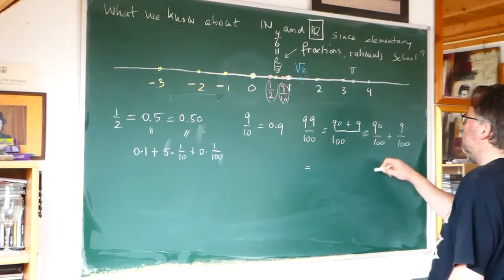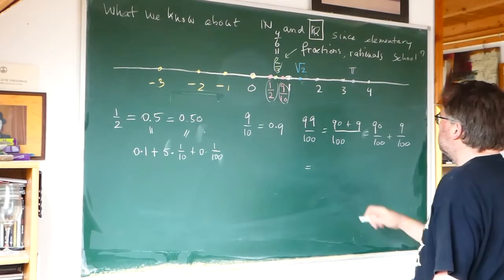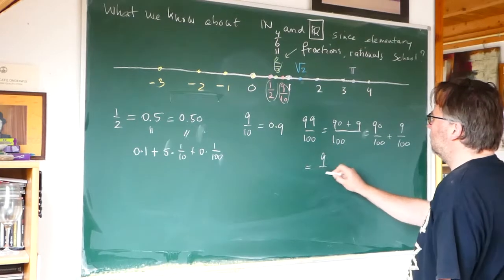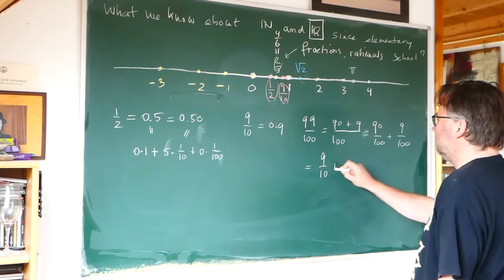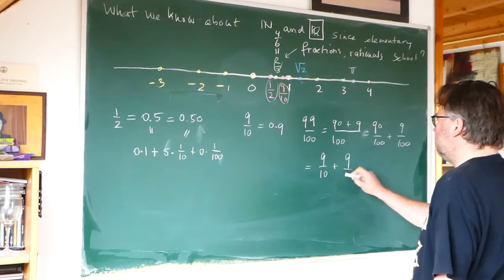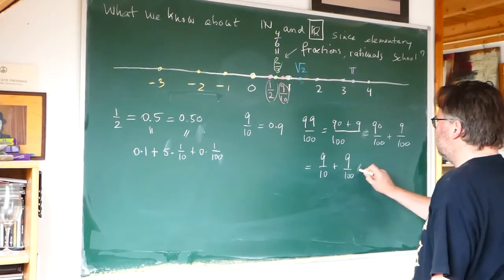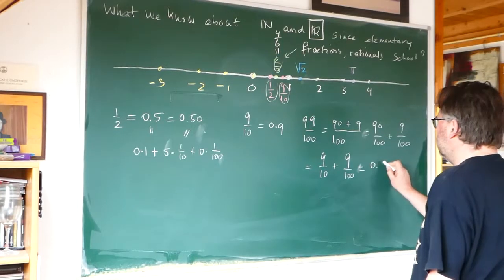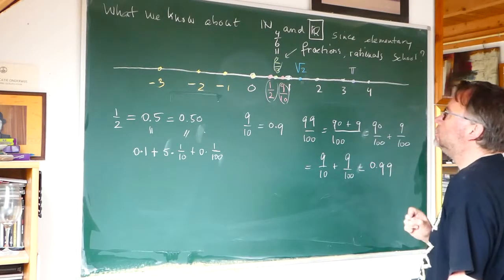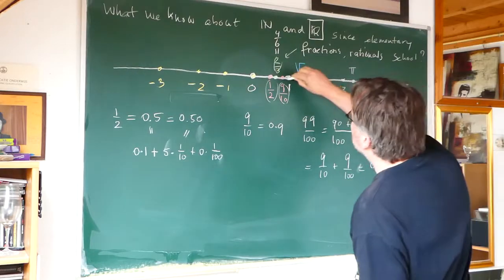You divide by 10 on numerator and denominator, so this is 9 over 10 plus 9 over 100. So that's 0.99. That's somewhere here.